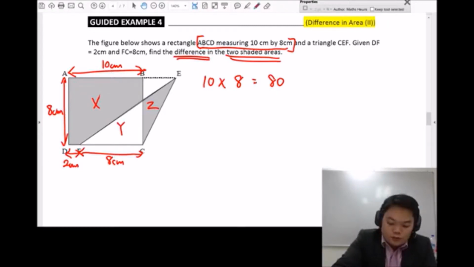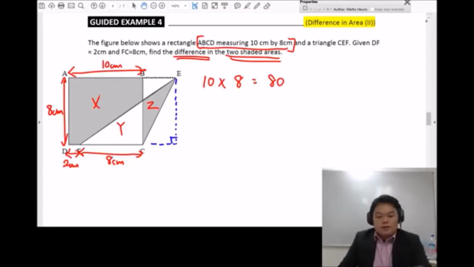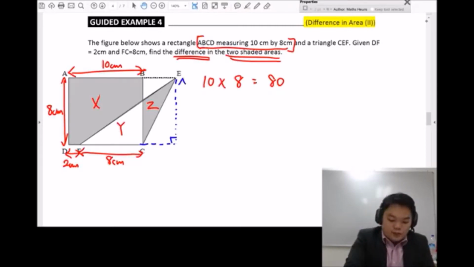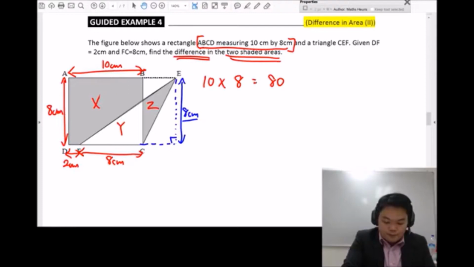So here it is not so obvious. But if you were to extend out this base and extend down this height, you would see that its perpendicular height is actually 8 cm. So once we got that, the area of triangle CEF will be half times base 8 times height 8 to give you 32.